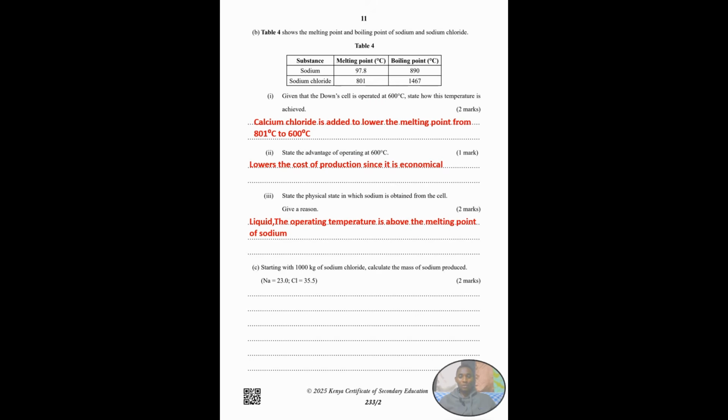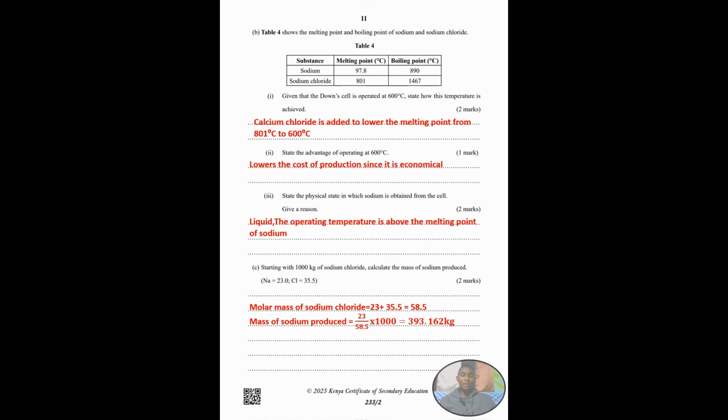So what we need to do is determine the molar mass of sodium chloride, which is 58.5. From there, we take the mass of sodium produced using the total mass of sodium chloride. The mass of sodium is always 23, so it is 23 of the total mass of sodium chloride, 58.5.